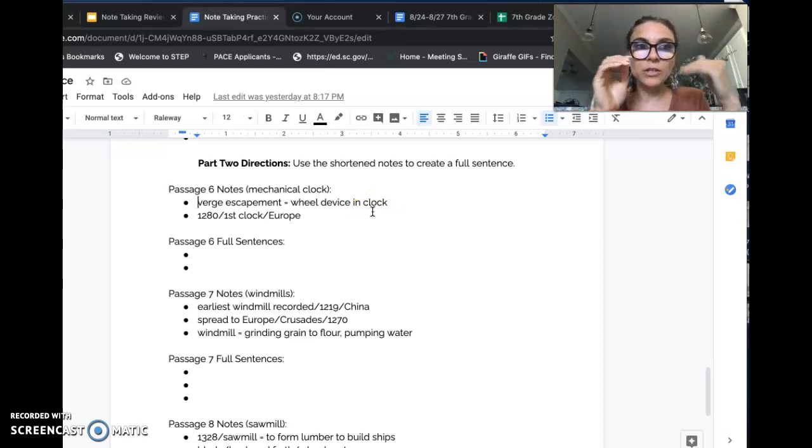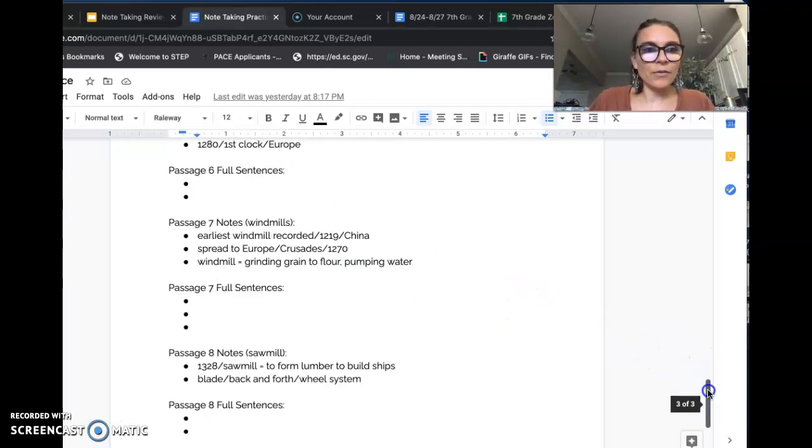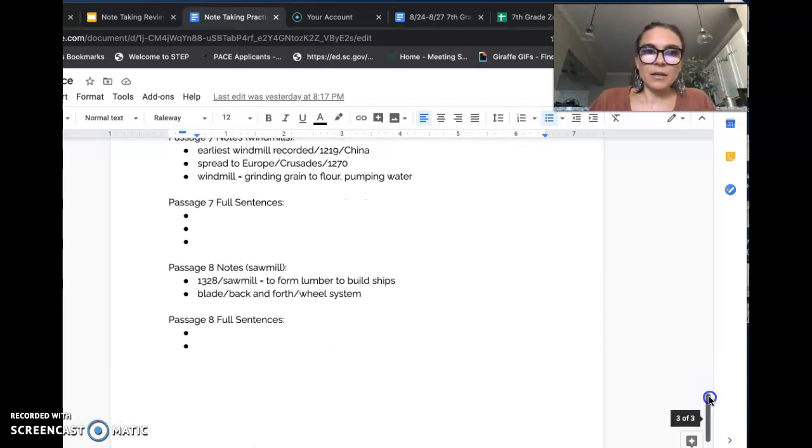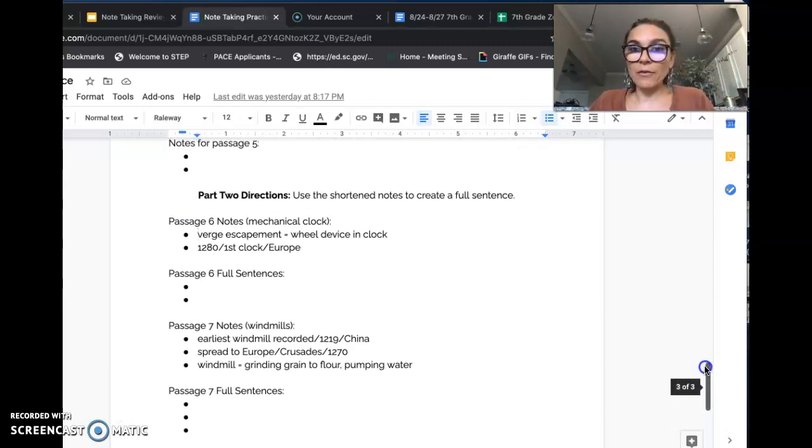It means definition. So I could put maybe a verge escapement is a wheel, device, and a clock, right? That would be a full sentence that I could do. So you're doing the opposite. You're taking the notes and you're creating them into a full sentence. And you have about 3 passages or 3 different sections that you'll do that for.